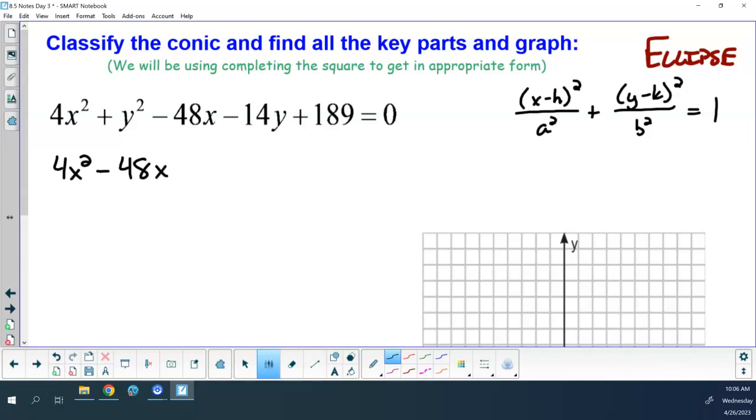Then I'm going to leave myself a little gap, plus y squared minus 14y. Then I'm going to leave myself a little gap, and I'm going to say that equals negative 189.